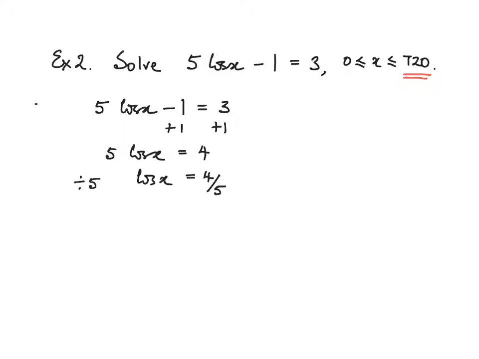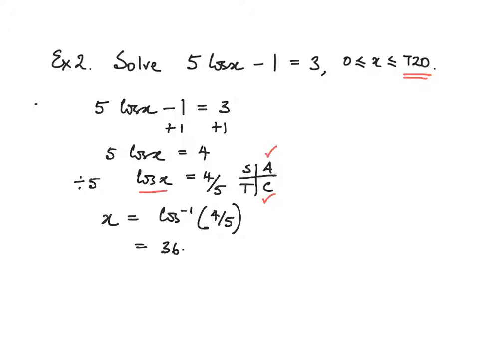At this point, I should always draw on a CAST diagram. Now, the cosine function is positive because there is no negative to be seen. Cos is positive in the first quadrant and in the fourth quadrant. x equals cos to the minus 1 of 4/5, which equals 36.9 degrees.